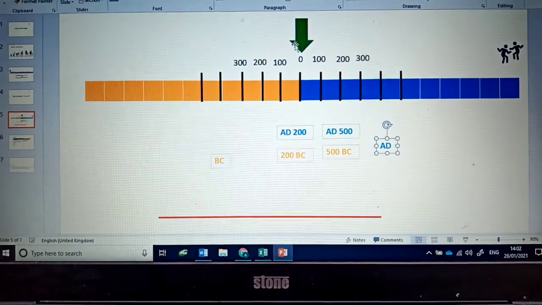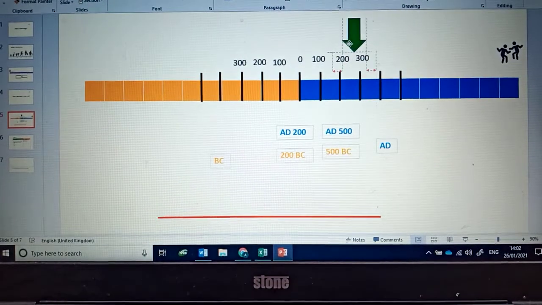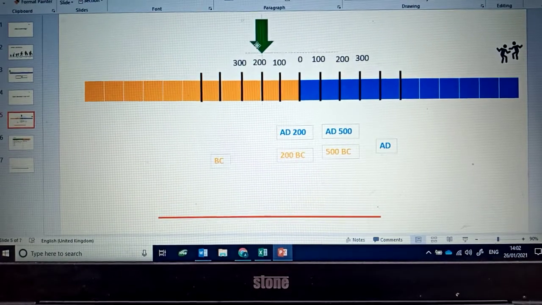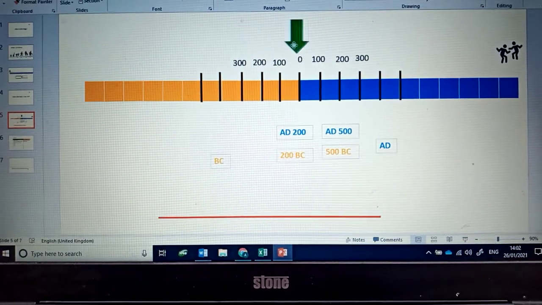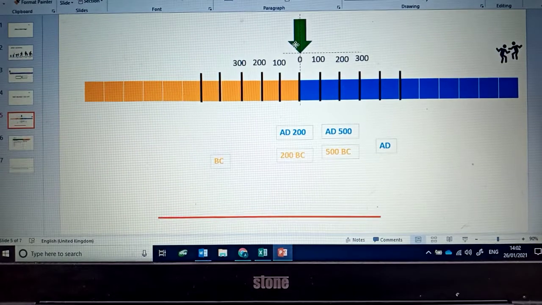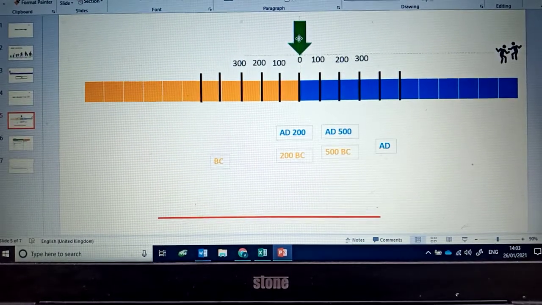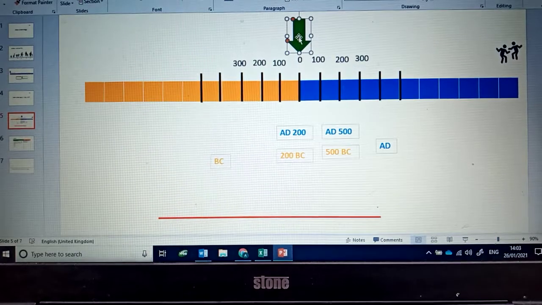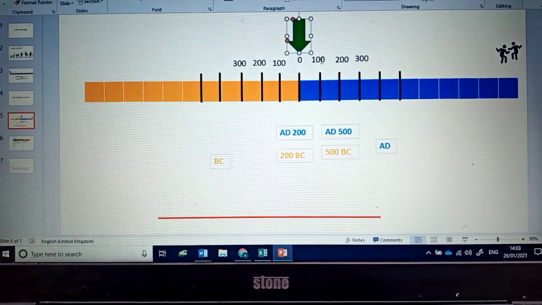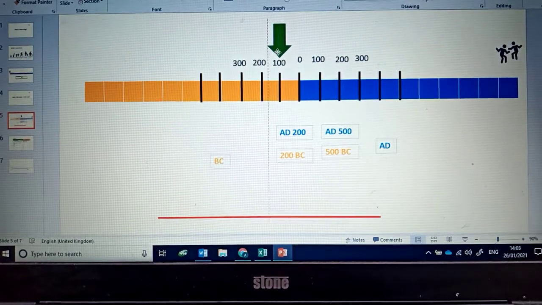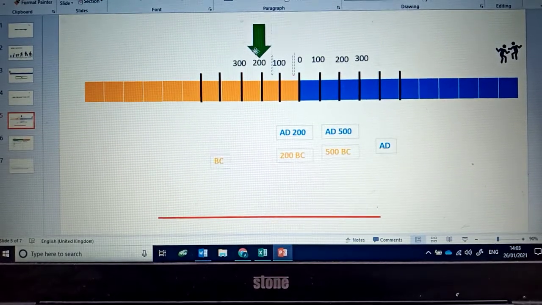So we know that the timeline goes up in hundreds, but it can also go back in hundreds. And personally, if I was designing it, I wouldn't have done it like this, but this is the system we've got. At zero, the timeline starts to become a bit weird, or even weirder. It looks now like I've got two 100s, because as I jump back in 100s, it's almost like I've started again.